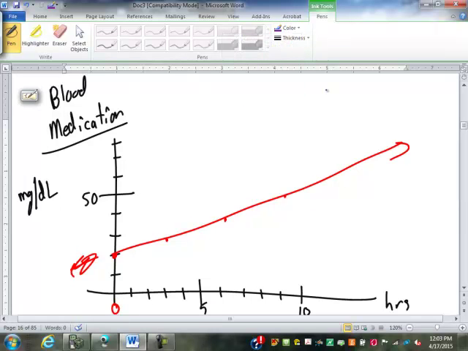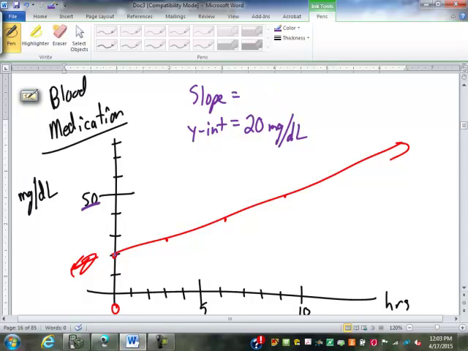So anyway, to create this equation, we need two things. We need the slope, and we need that starting point, or the y-intercept. Now the y-intercept is usually easiest to get. That's right there. Not at 2, since this is a 50, that would be the 20 milligrams per deciliter.